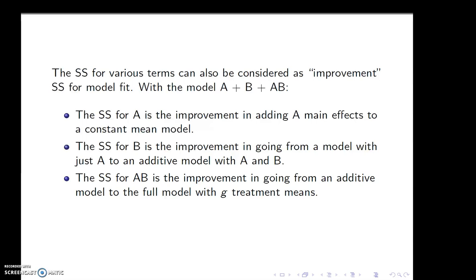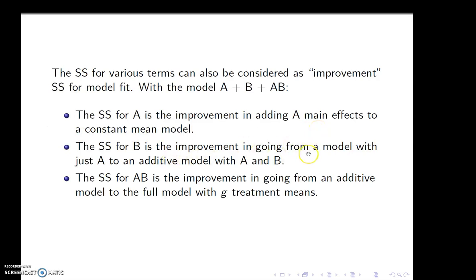The various sum of squares terms can be thought of as an improvement for your model fit, where your model is inherently the effect of A, the effect of B, the effect of A times B, or AB, not A times B. The sum of squares for A is the improvement in adding A main effects.